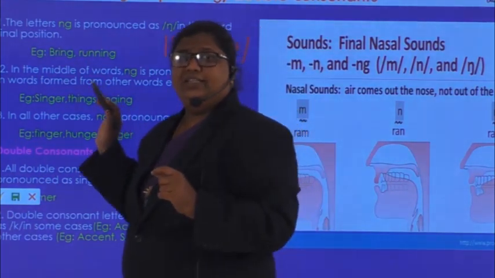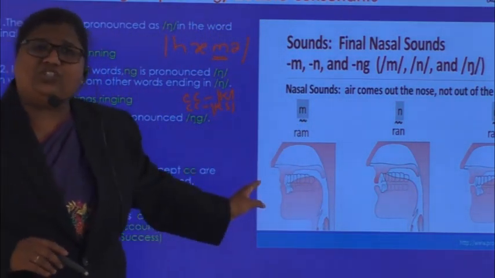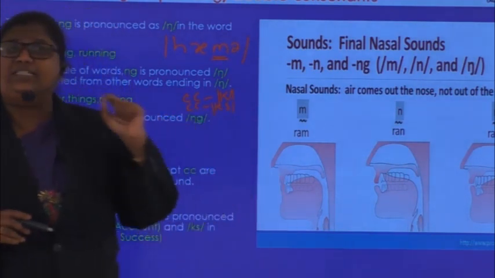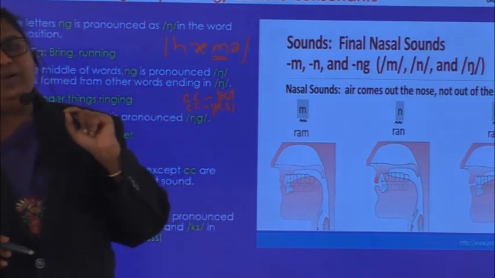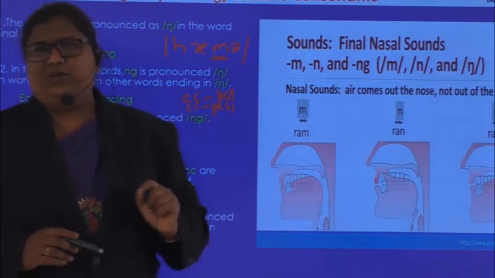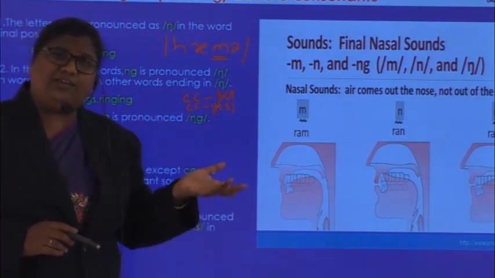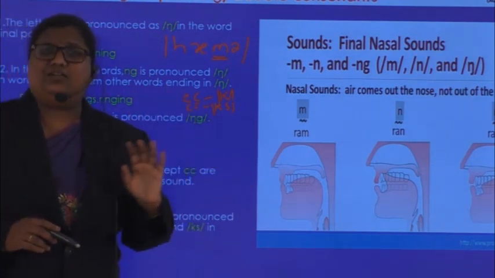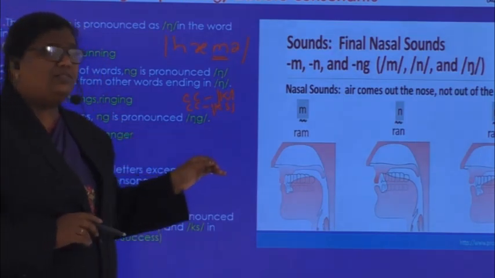So this is related to double consonant letters. Except the CC combination, anywhere you get double letters, you have to pronounce them as a single sound. That CC may be pronounced as k, or it may be pronounced as a k and s combination. It depends on the word. Is it clear till this?